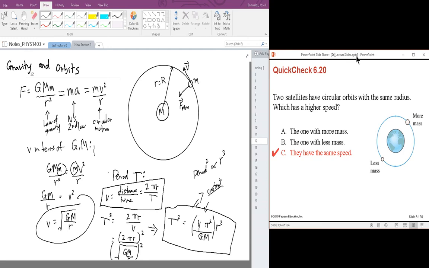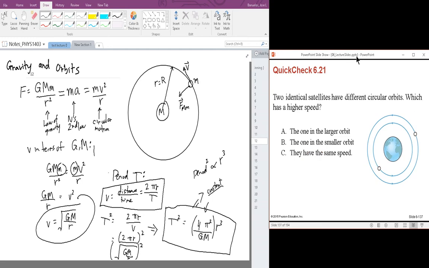So in this next question, they're asking about, once again, two identical satellites, but now they have different orbits. One of them is closer to the Earth, one of them is further away.